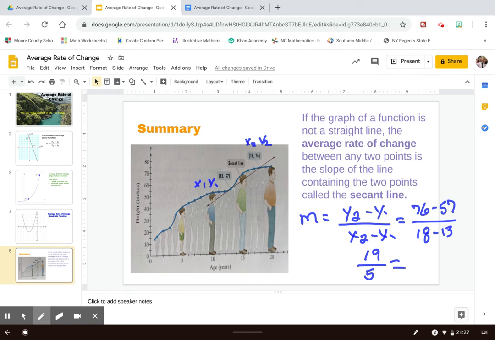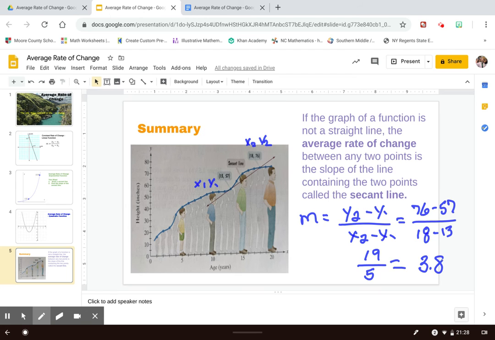If I divide 19 by 5, I get 3.8. So what that tells me is that his average rate of change between ages 13 and 18 was 3.8 inches.